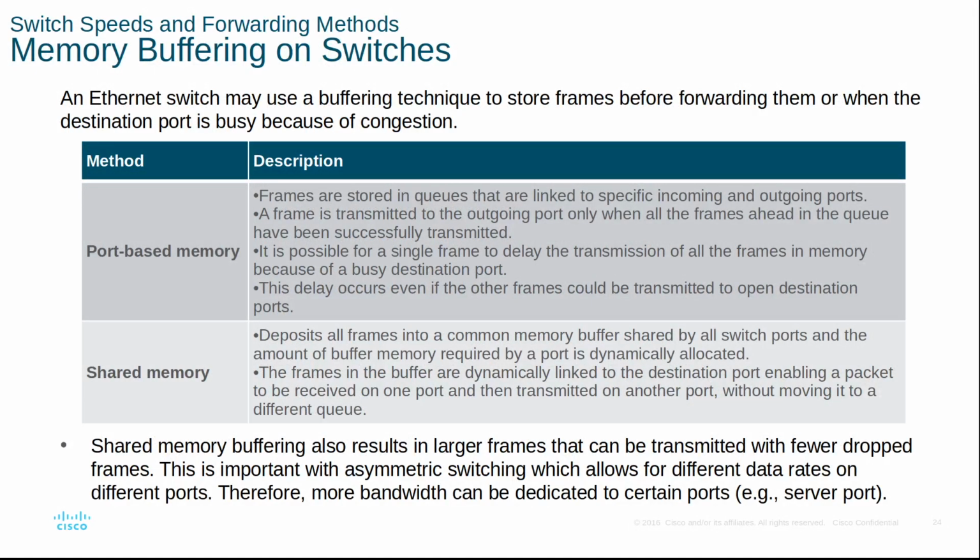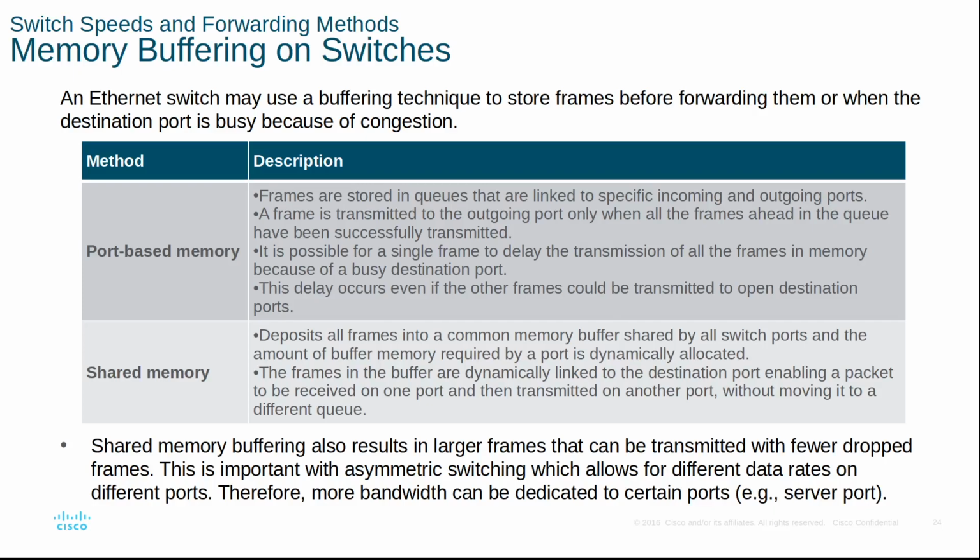Now, we've mentioned buffering, right? Switches can use a variety of techniques to buffer or store those frames before forwarding them, because ports get busy, right? You can use port-based memory or shared memory. With port-based memory, there are queues where the frames are stored that are linked to specific incoming and outgoing, or ingress and egress, ports.